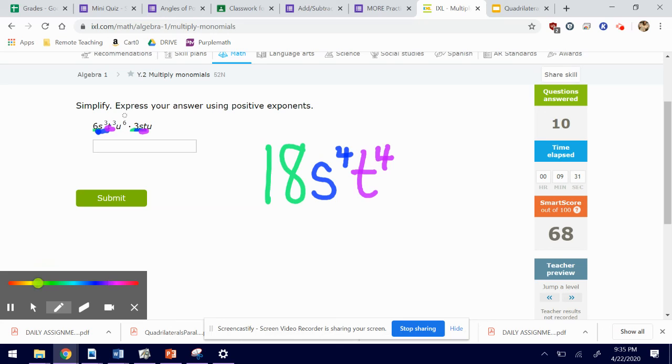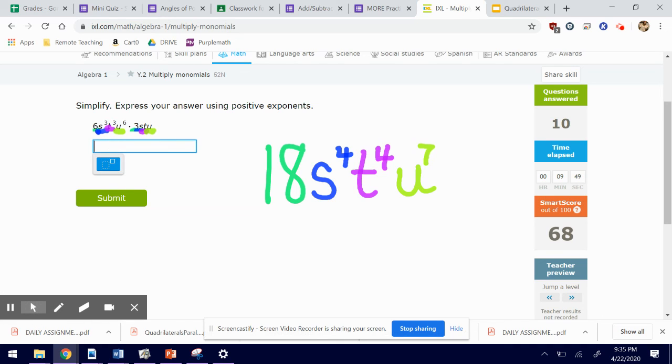Okay, my last one, u to the 6th, and just u to the first. 6 plus 1 is 7. So right here, I'm going to have u to the 7th. So my final answer is going to be that big long expression that you see right there. 18 s to the 4th, t to the 4th, and then u to the 7th.